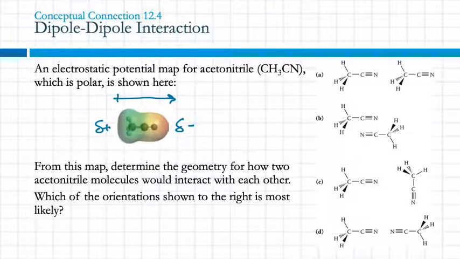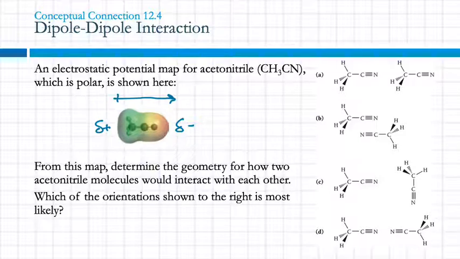Both ways work. So it says, from this map, determine the geometry for how 2 acetonitrile molecules would interact with each other. Which of the orientations shown to the right is most likely? So here we have different combinations of 2 acetonitrile molecules approaching each other.